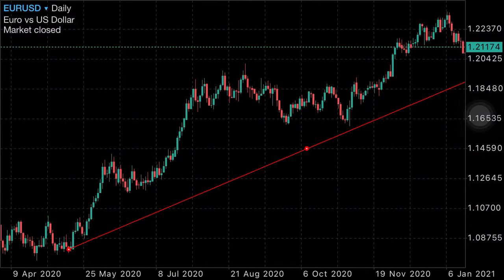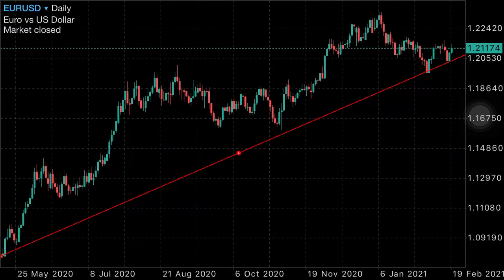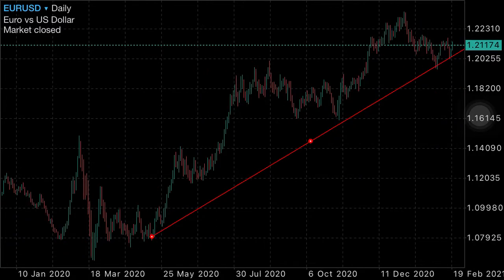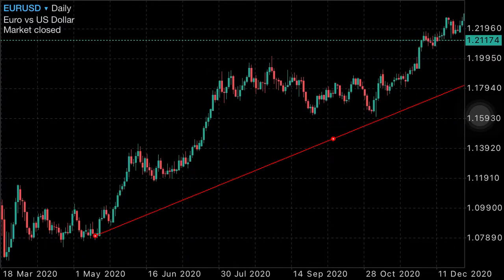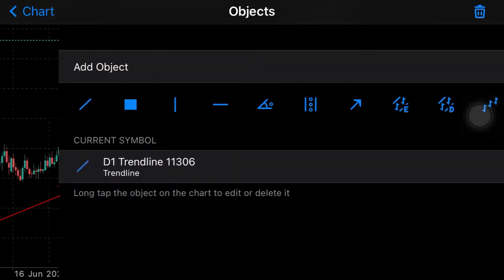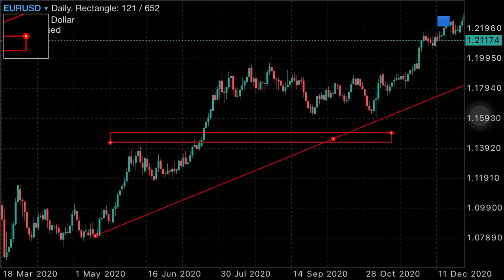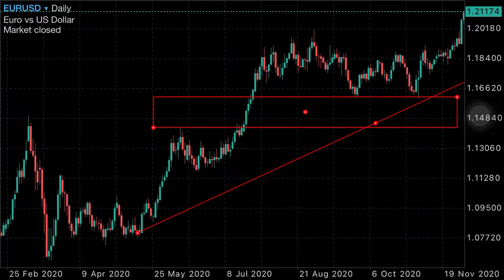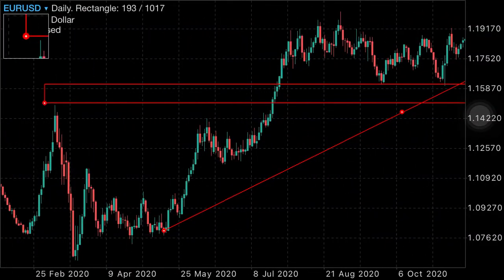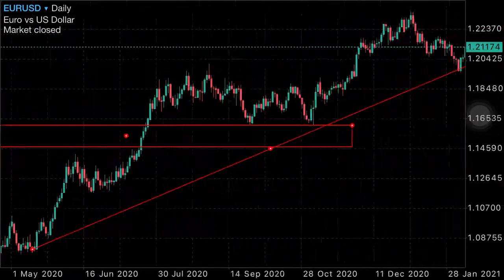So now I am going to look for significant levels. A significant level is a level whereby a support became a resistance, or a resistance became a support. You know what I'm talking about, right?